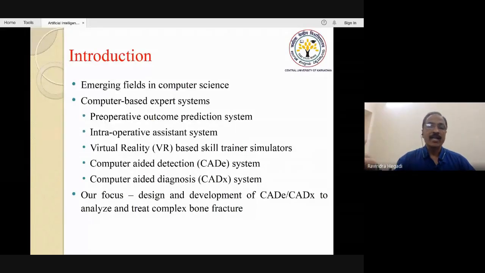So at that time these simulators will help the doctors to train the young trainees or the medical graduates. Then in computer aided detection and computer aided diagnosis, that is, computer based detection of these broken bones, or in the diagnosis system also, these are very helpful.